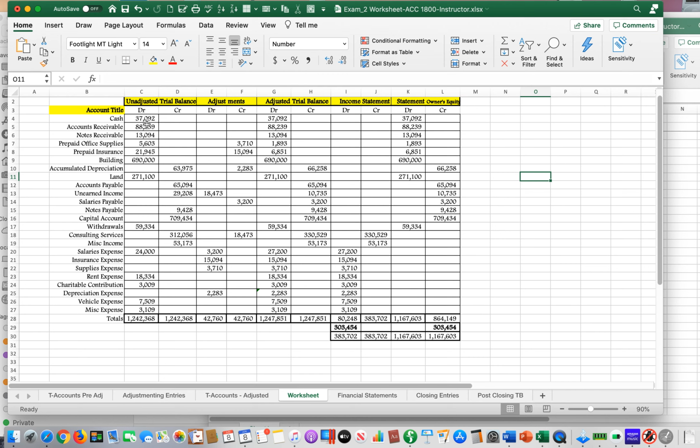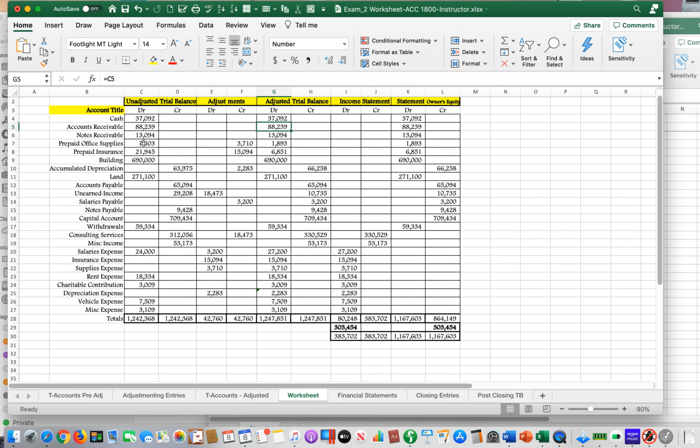Adjusting entries do not include cash, by the way. So cash is a debit. There's no adjustment, so we bring that debit over to the debit on the adjusted trial balance. We have accounts receivable, a debit. No adjustments were made, so we bring it over. Do the same thing with notes receivable. It's a debit there, so it's a debit here.